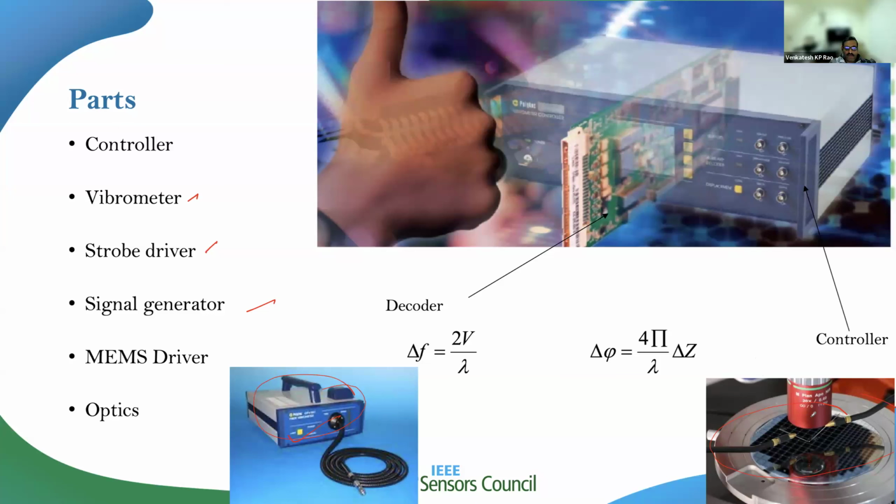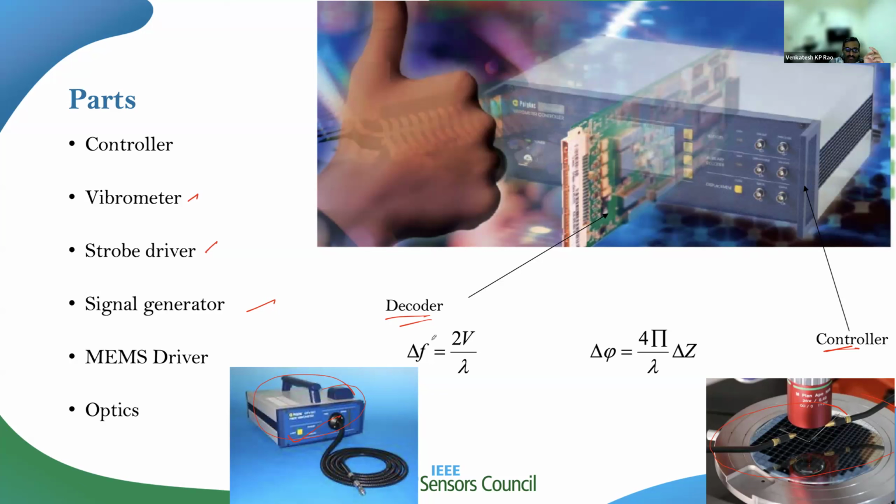And within the MEMS controller, we do have a decoder unit. Can you see this chip over here? This is the decoder unit. If you looked at the video, whenever there was a motion of the structure, there was a change in frequency and phase, right?